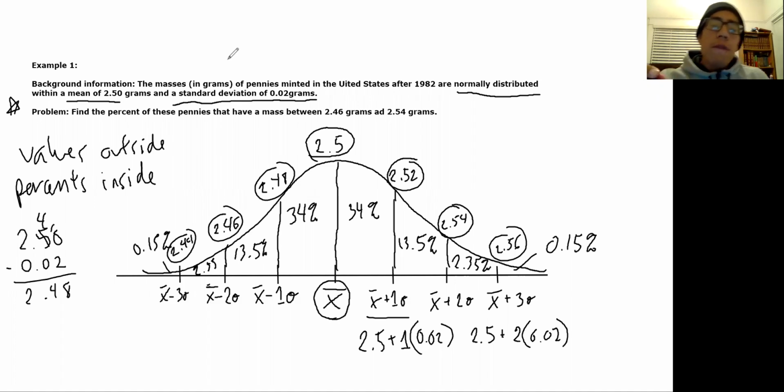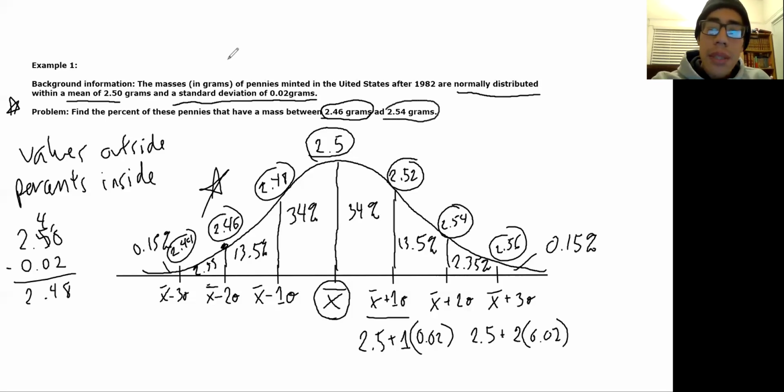So let's start with 2.46 grams. Let's locate this on our graph. This is our value. 2.46 is right here, right on this line. Then we locate the other one, which is 2.54 grams. Lucky for us, it's right here, right on that dot.